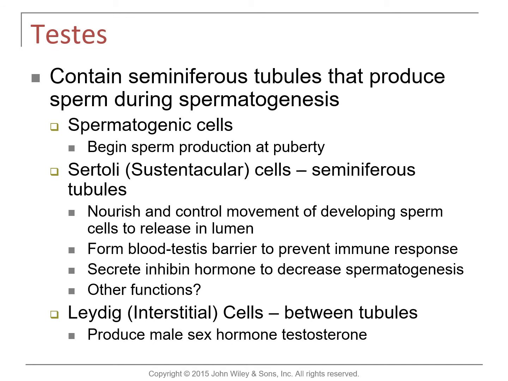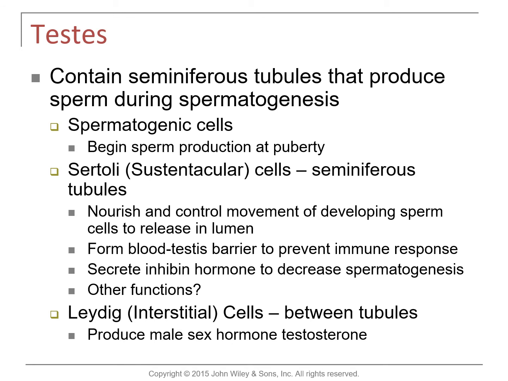Therefore, these cells can develop into mature sperm cells without being destroyed by the immune system that would recognize these cells as foreign because they were not present during infancy and early childhood when the immune system was being programmed to recognize self versus non-self cells.